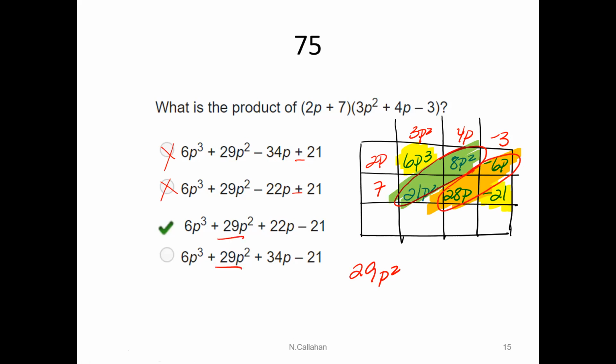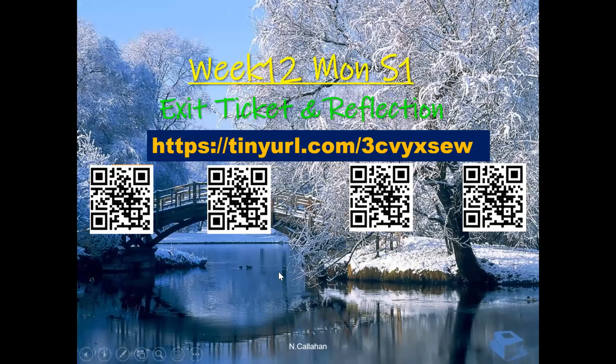Let's try the second one. Second middle number is 28 minus 6, which is a 22p. So is it A, B, C, or D, you guys? C. But that's how you will get to your answer. All right, we are done with this. You guys are going to go ahead and do your reflection right now, which is right there.